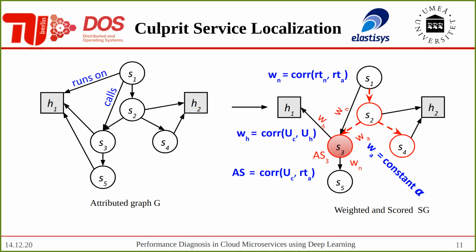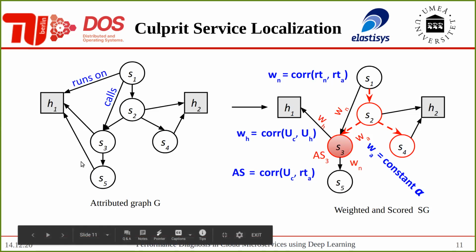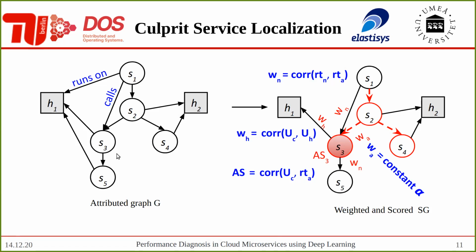To locate the culprit service, we first construct an attribute graph, which shows the anomaly propagation across the services and the hosts. On the left is an attribute graph. The edges between services show the service invocations, and the edges between a service and a host show the service deployment, which means that S1 runs on H1 and S1 calls S3.